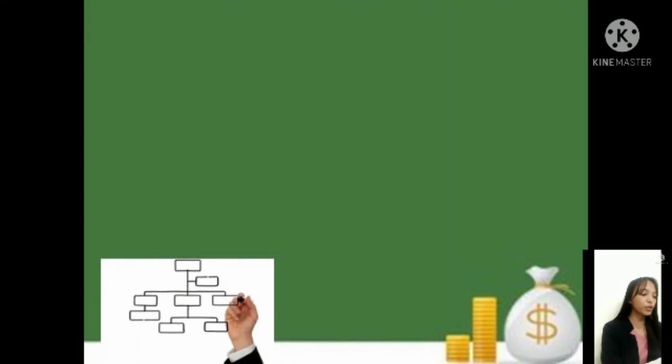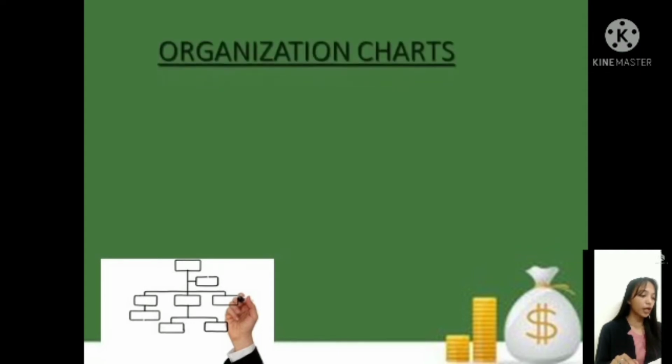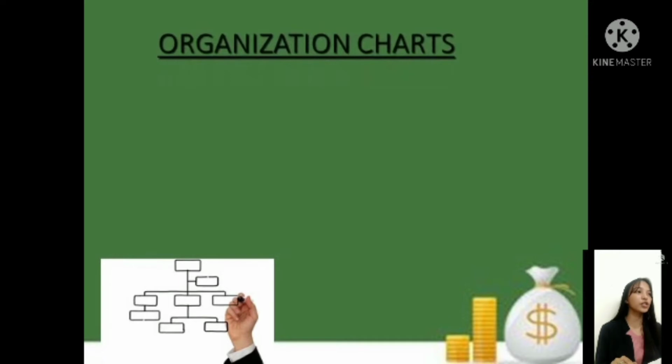It consists of units, functions, divisions, departments, and formally constituted work groups into which activities related to particular processes, projects, products, markets, customers, geographical areas, or professional disciplines are grouped together. The next is the organization chart.